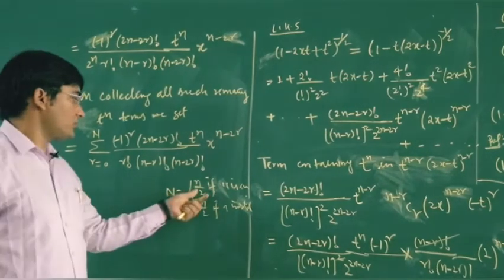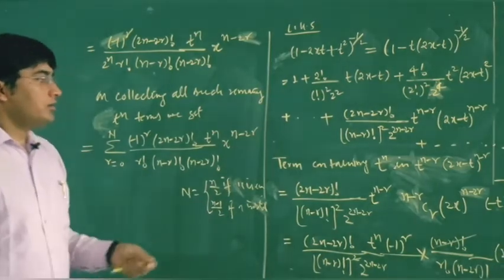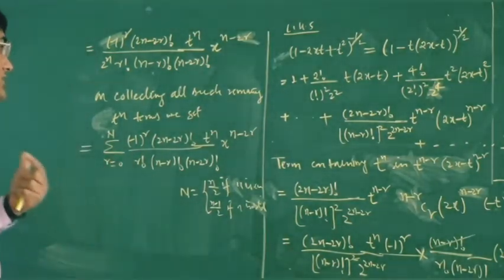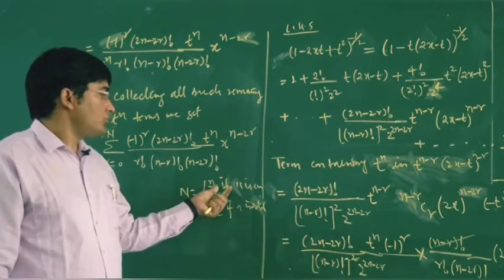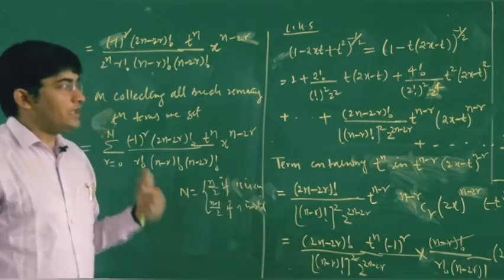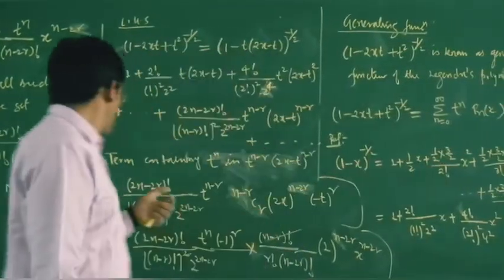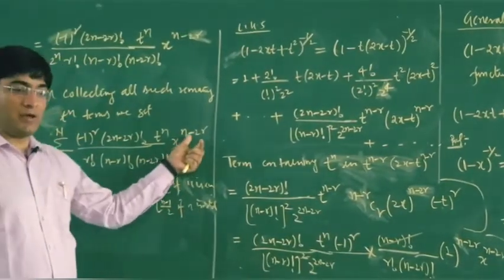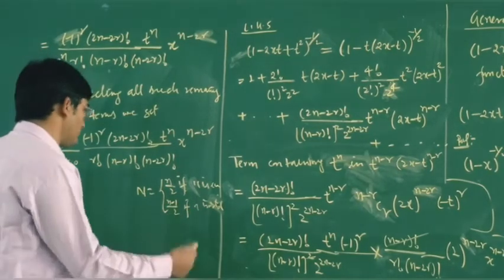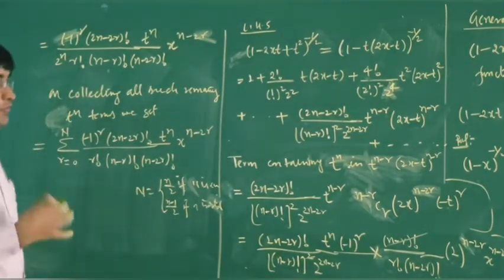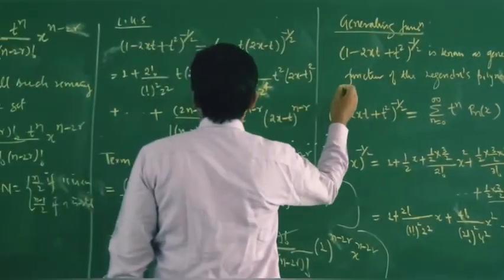So this will go up to x power 0, which means 1, with n by 2 when n is given. And if you go up to x, then this n minus 2r will be 1, so in that case your r will be (n minus 1) by 2. And if you rewrite this equation, say this equation is 1.